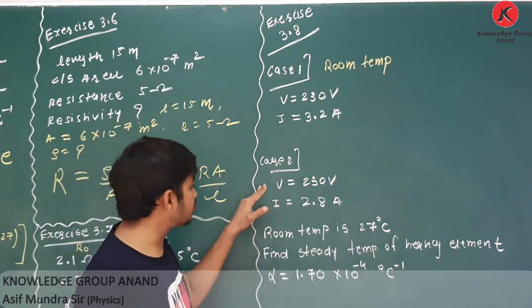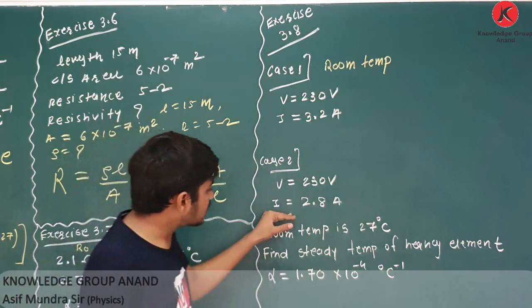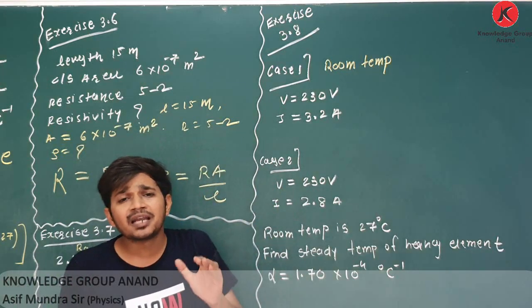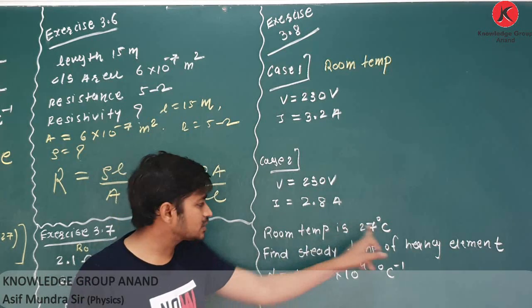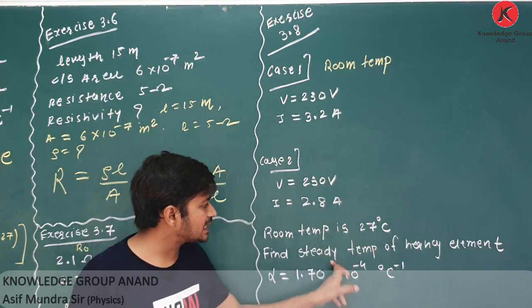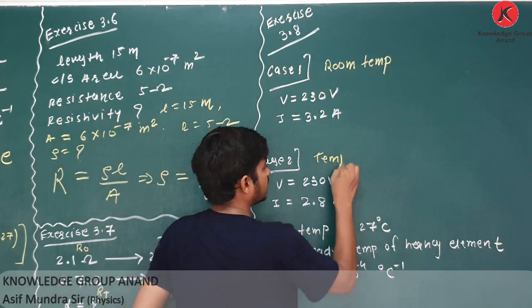And in second condition, again the conductor is connected to same 230 volt supply, but current becomes 2.8 ampere. Okay. Room temperature is 27 degrees Celsius. Find steady temperature of heating element. In this case, what is temperature?